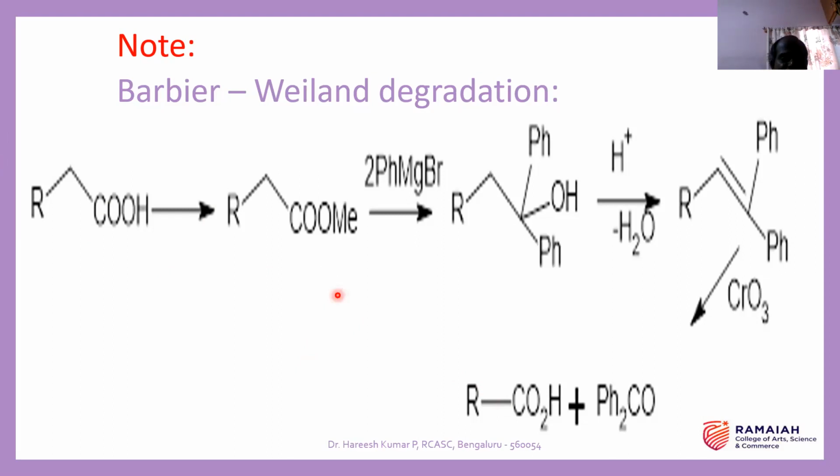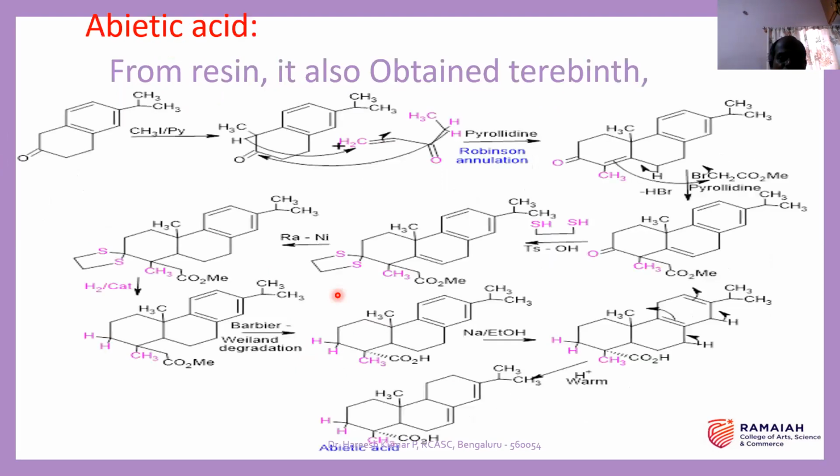Maybe in this semester, you will also discuss more about Barbier-Wieland degradation when we are talking about steroids. Steroids is another chapter which is present in 404. So now you know what the Barbier-Wieland degradation is.